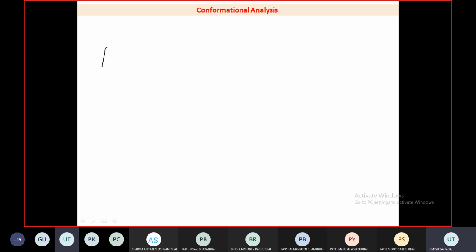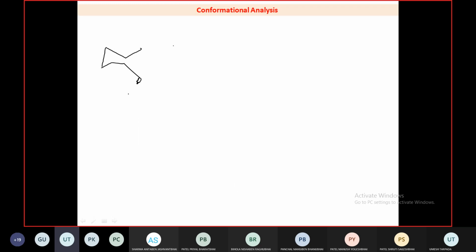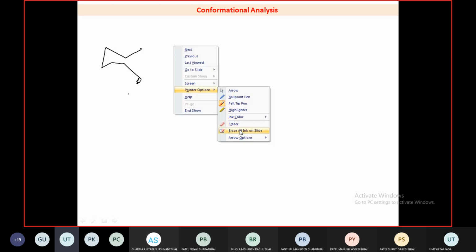Suppose two methyl groups are there at the 1 and 2 positions.